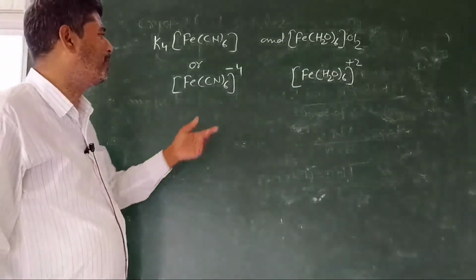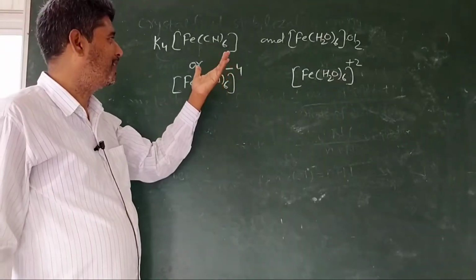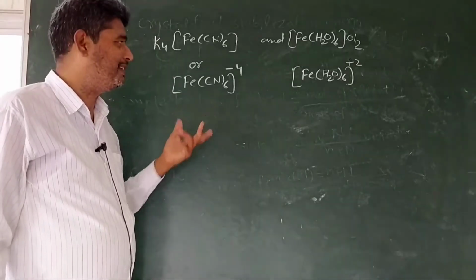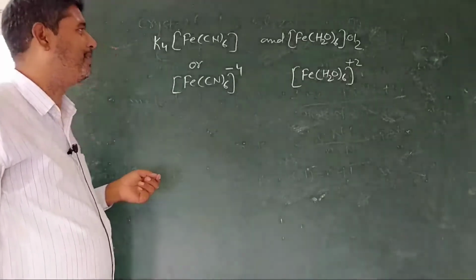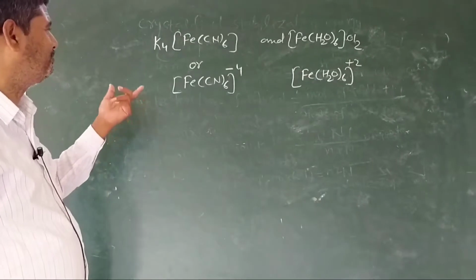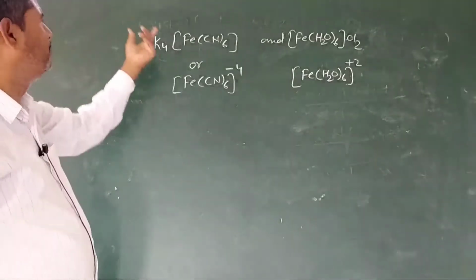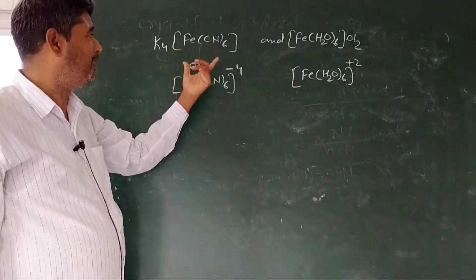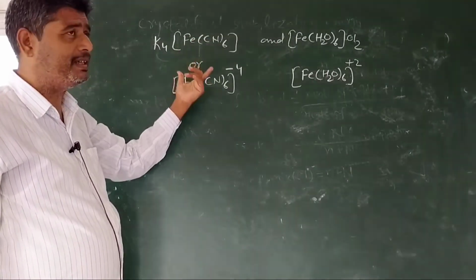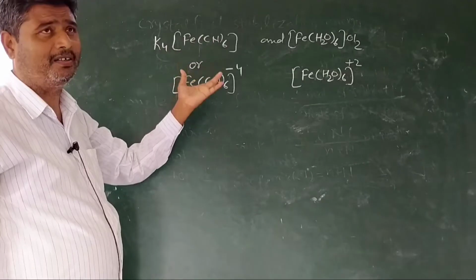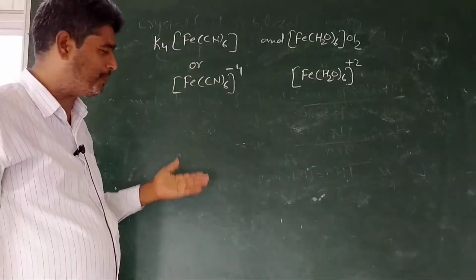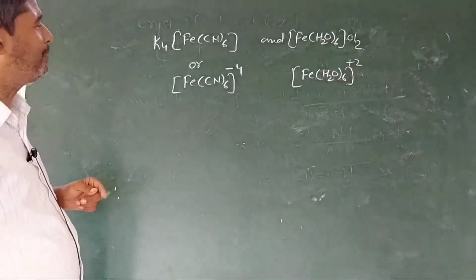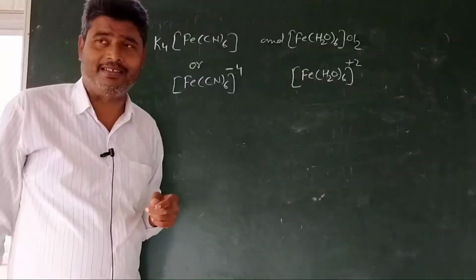Now come back to our topic, crystal field stabilization energy. Here two compounds are given, and which one will be more stable in comparison to the other will be explained on the basis of crystal field stabilization energy.